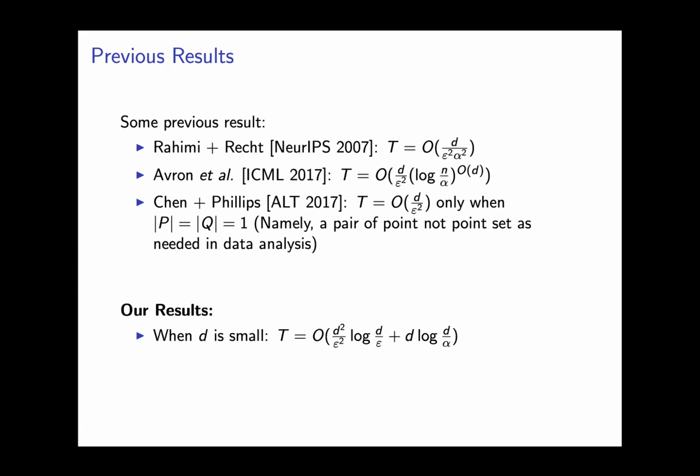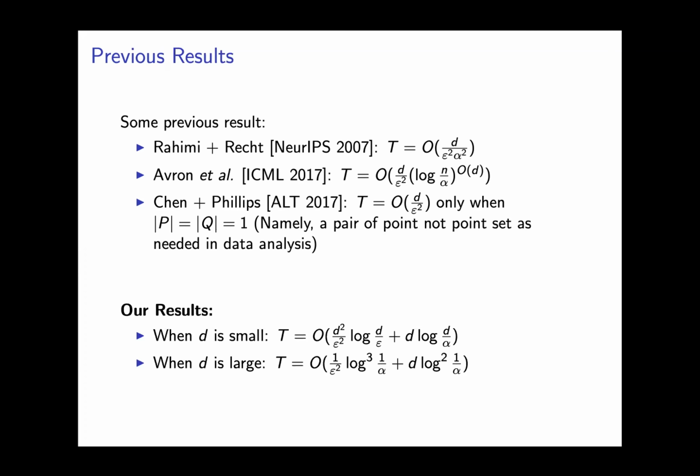So in this talk, we announce that for small d, we can do it so the time only has a logarithmic term in 1/alpha that's separated from the 1/epsilon squared term. And for high d, we can make it linear in d and still polylogarithmic in 1/alpha, and the 1/epsilon squared term is still there, as is required.